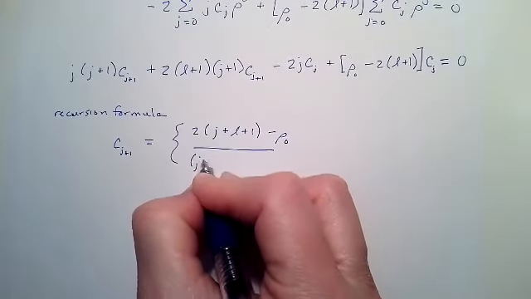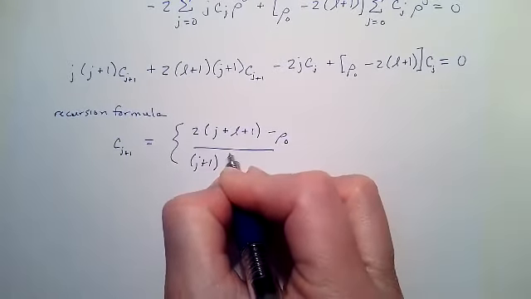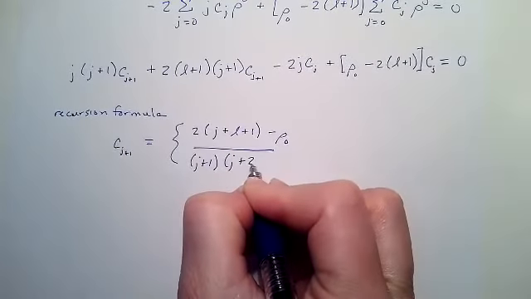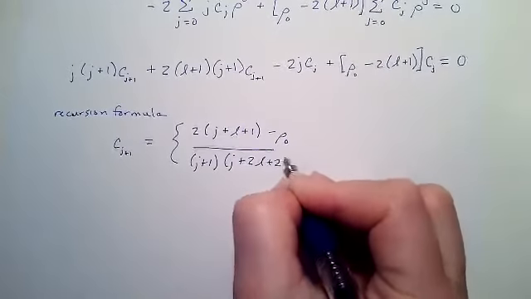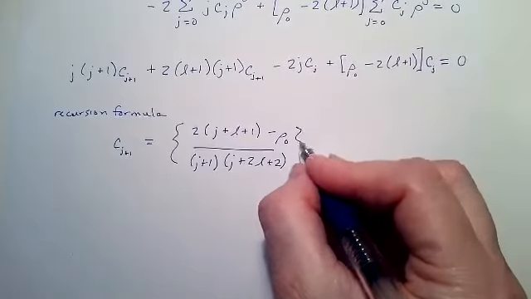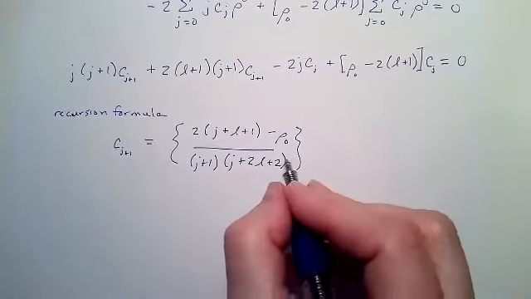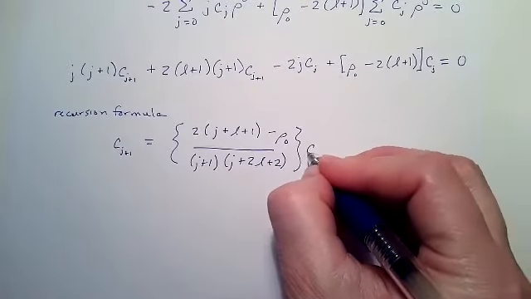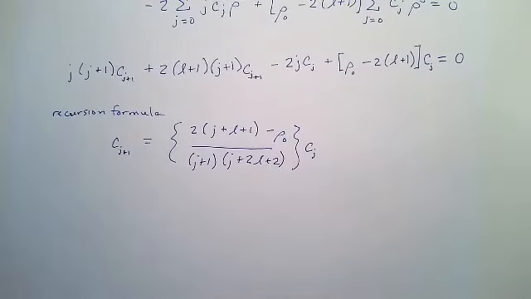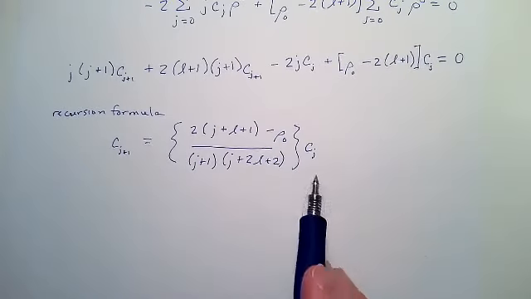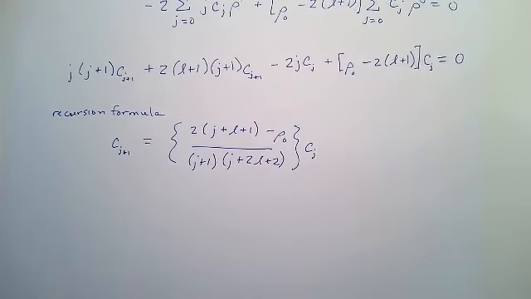All right, so I've got j plus 1, j plus 2L plus 2 on the bottom, and whatever this fraction turns out to be times the previous, so that's a subscript j, times the previous coefficient that we knew. Right? So that's our recursion formula.